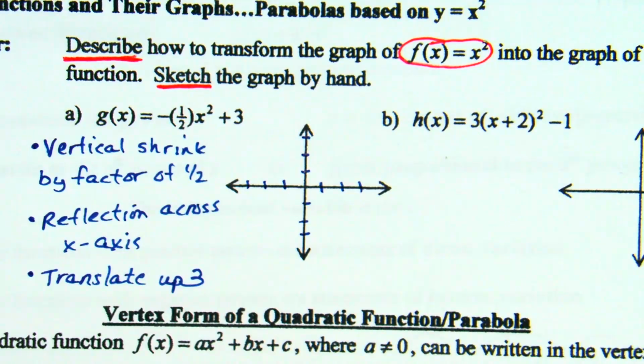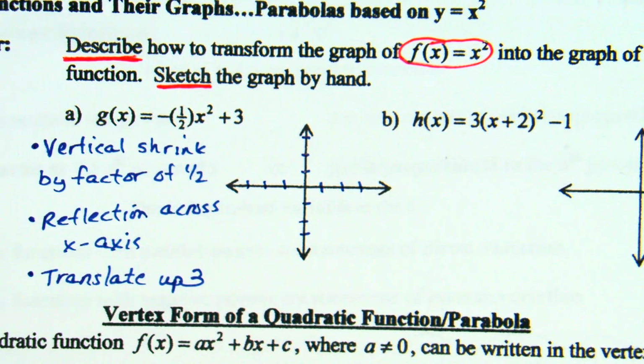Okay. There's a lot to think about here. We have to shrink it, which when you shrink it, remember that doesn't really affect the vertex. What does a vertical shrink affect? Do I use it on the X or the Y coordinate?